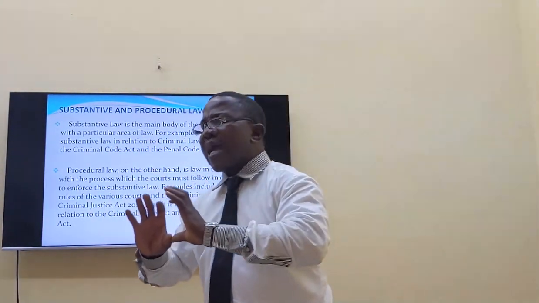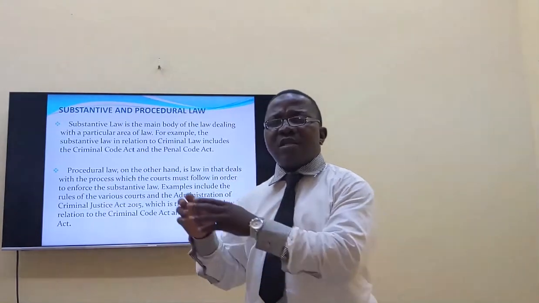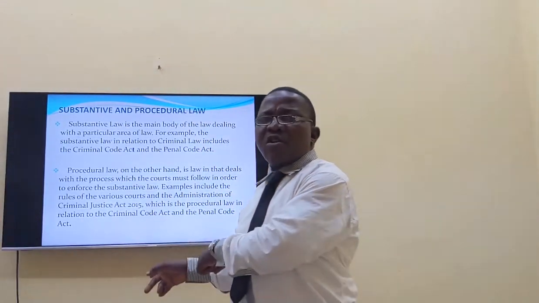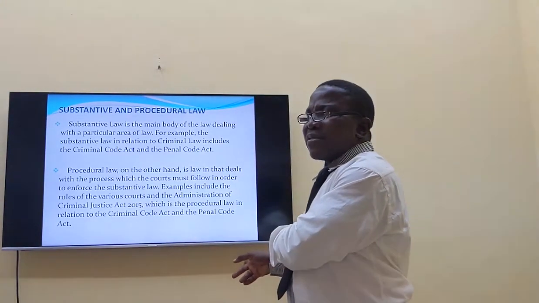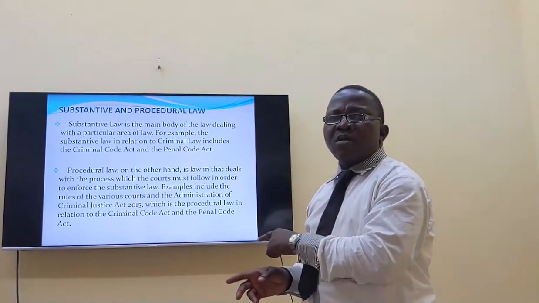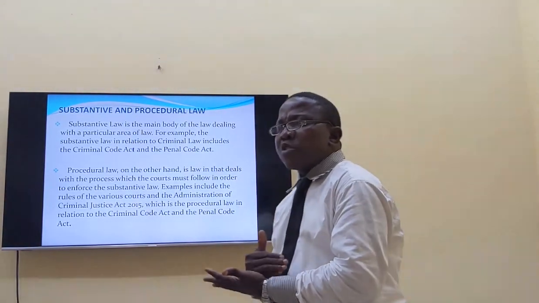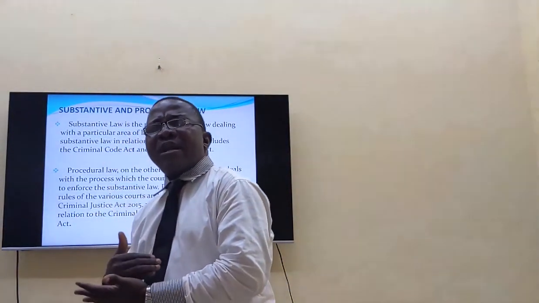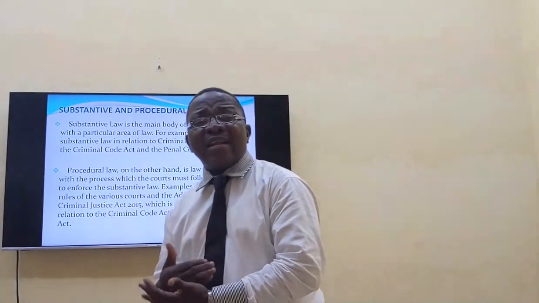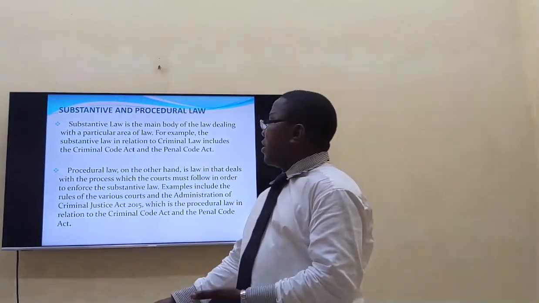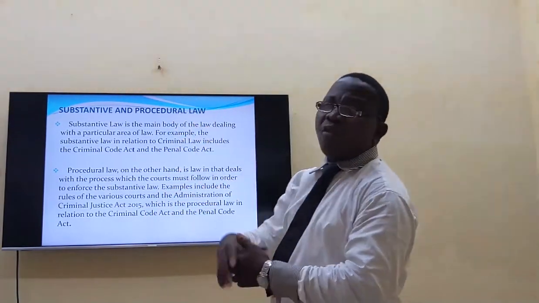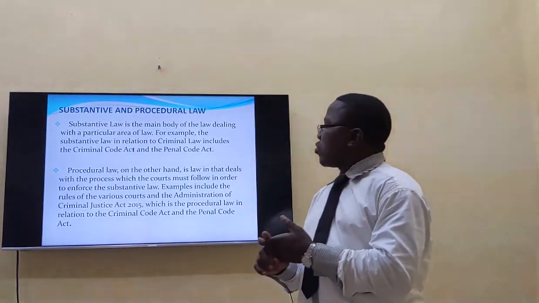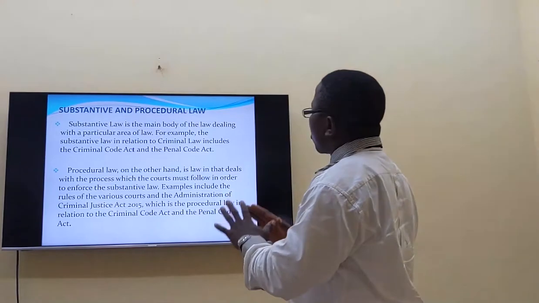Did you conduct an autopsy to ascertain that what led to the death of the victim is a result of the action of the person being accused? These are the procedures. Once those procedural laws are not properly taken care of, you may find out that at the end of the day, the substantive law may not have any effect. So the two of them work together to make sure that justice prevails.